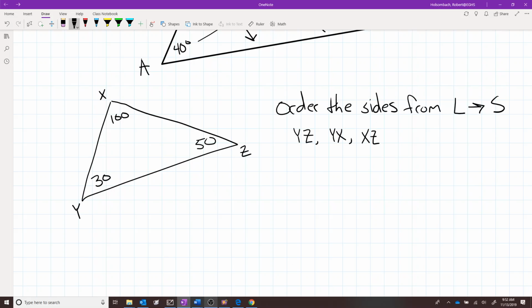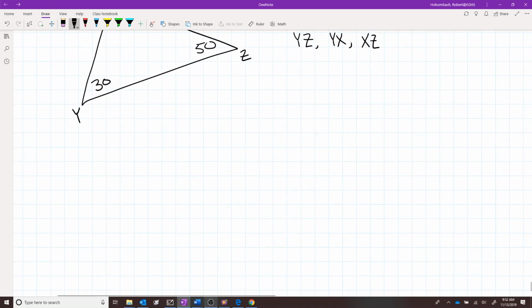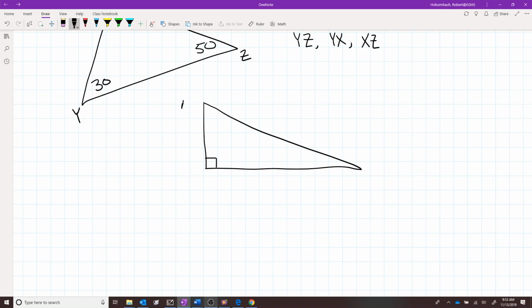Now just watch for a second. You don't have to write this down. If you got a picture like this, and maybe the triangle is MNO, and you got the same question to order the sides, but maybe this angle is 3x plus 5 and this angle is 2x minus 10.